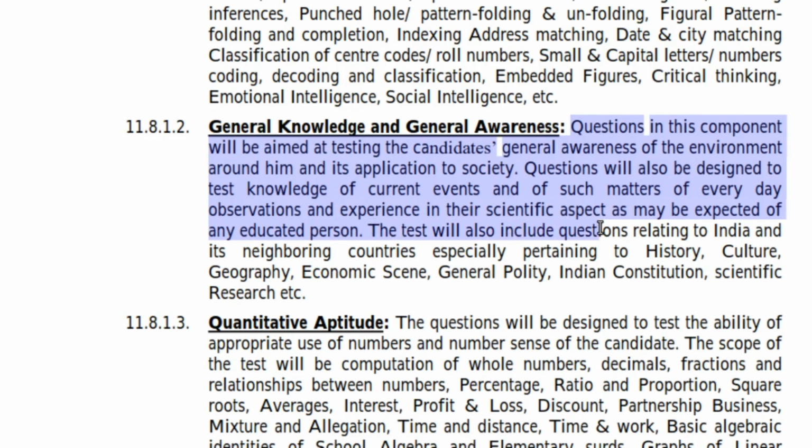The test will also include questions relating to India and its neighboring countries, especially pertaining to history, culture, geography, economic scene, general polity, Indian Constitution, scientific research, etc. So keep all the articles ready and see what articles are used in current affairs.